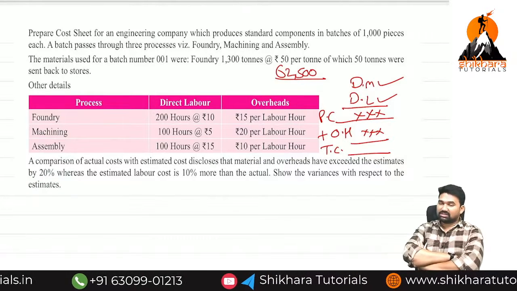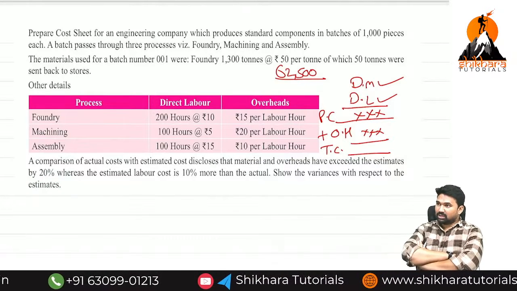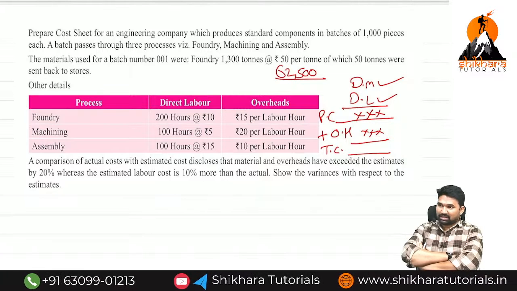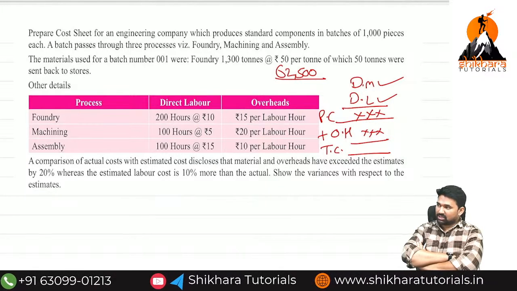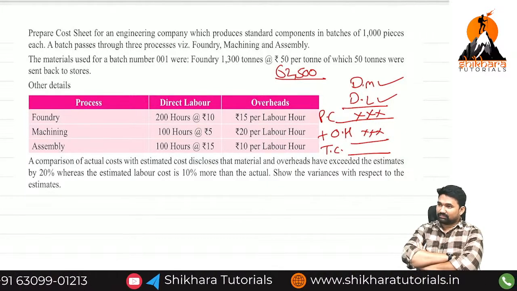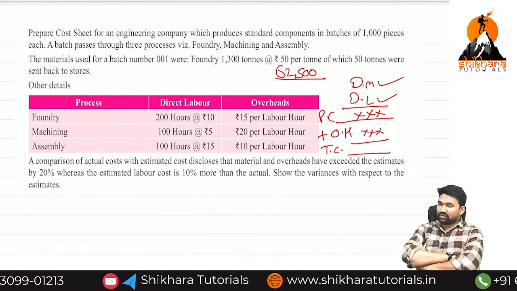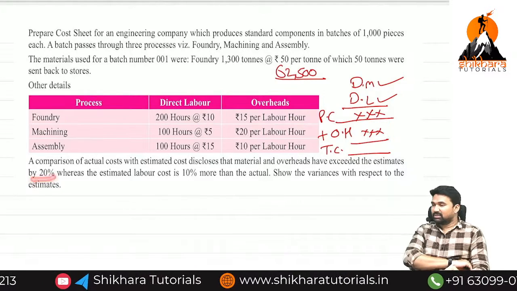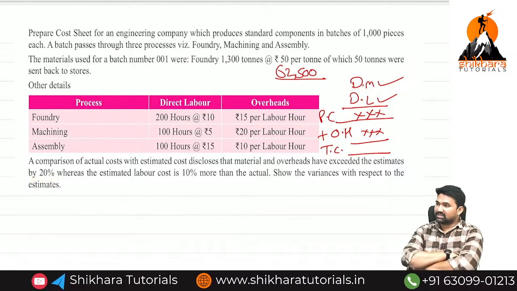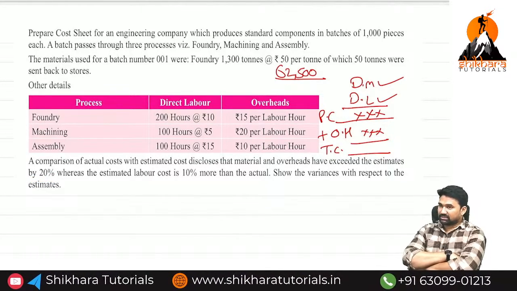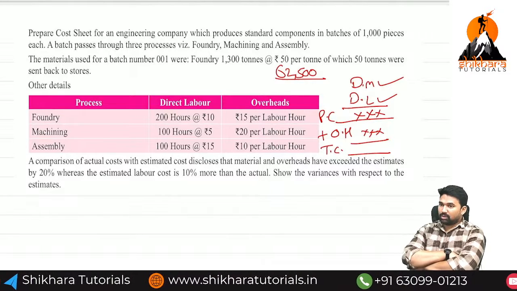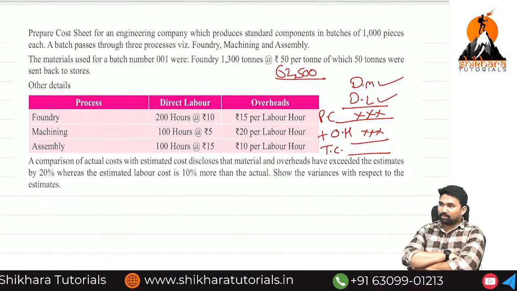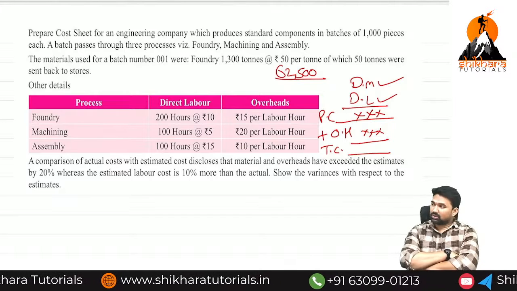Exceeded the estimates, that means you planned 100 rupees, but they actually incurred 120 rupees. Sir, how can you say 120 rupees? He said exceeded by 20%. So you planned to incur 100 rupees, but the actual cost is 120.